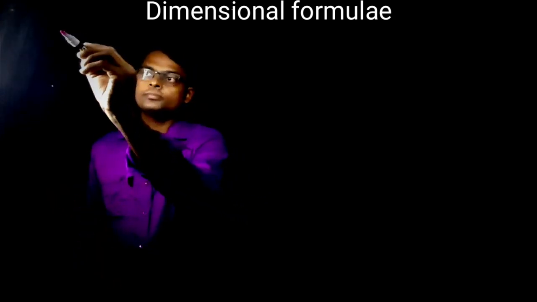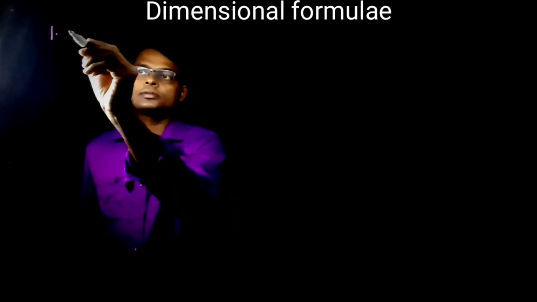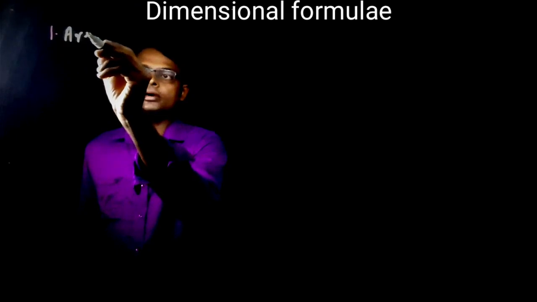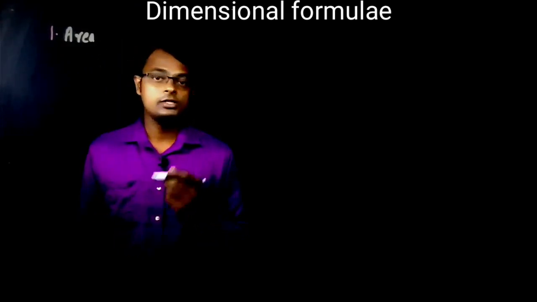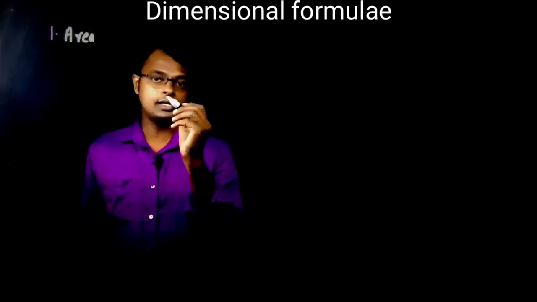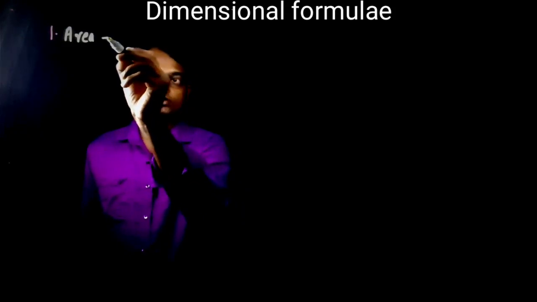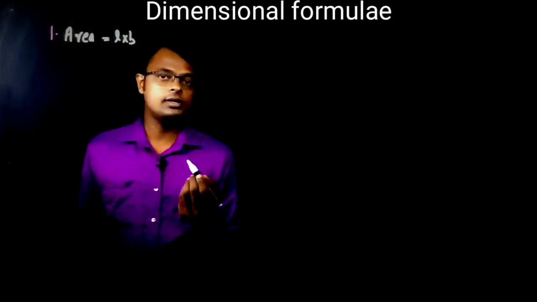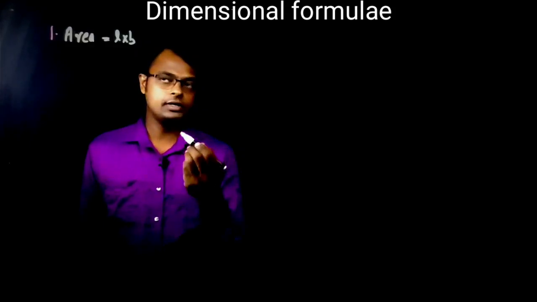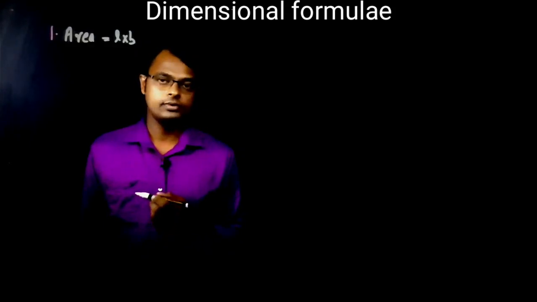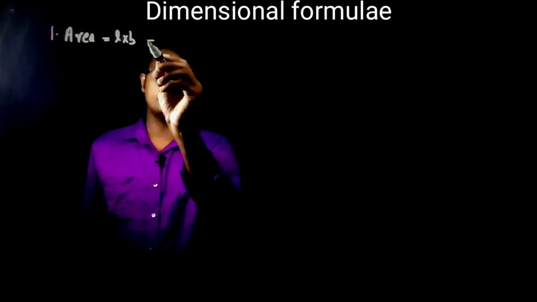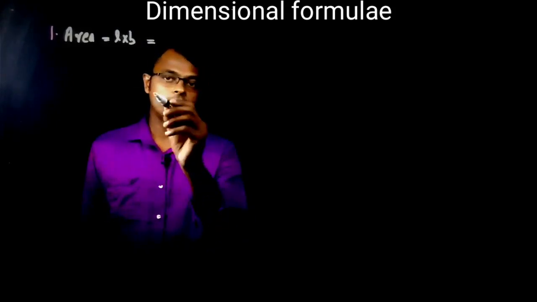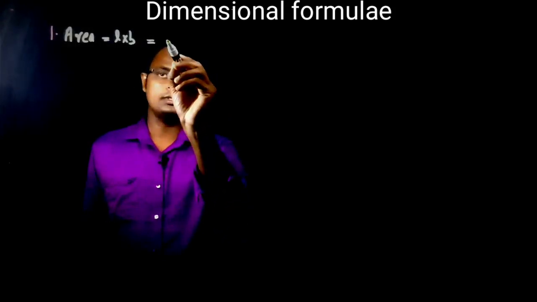So the first one is area. As you already know, area is length into breadth. What is the derived unit? Meter into meter, that is equal to meter square. So here, instead of the derived unit, we can use the dimension.